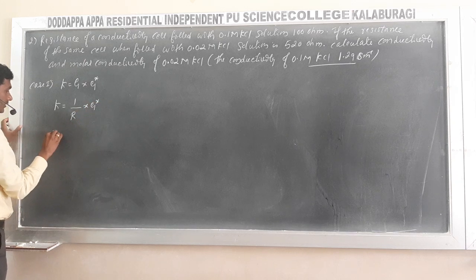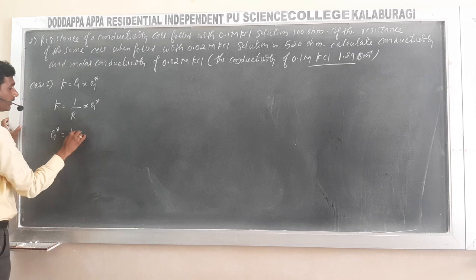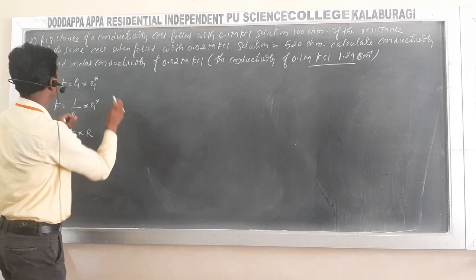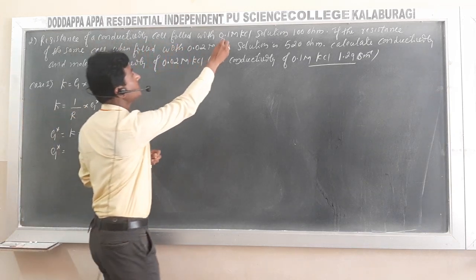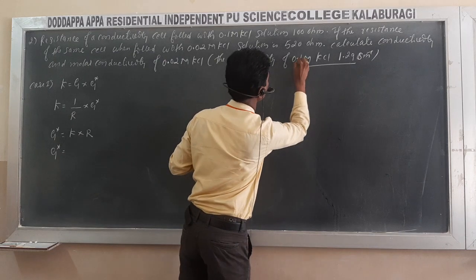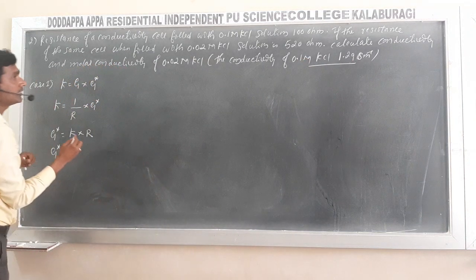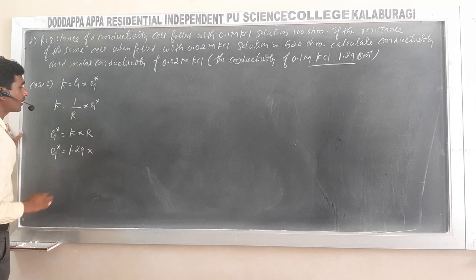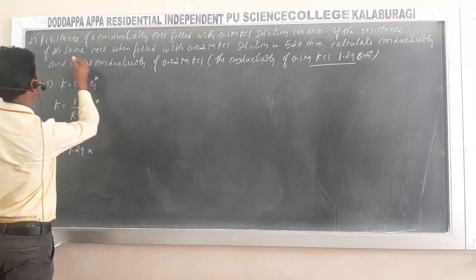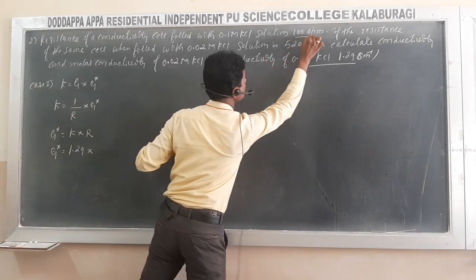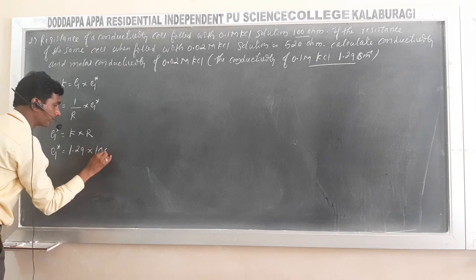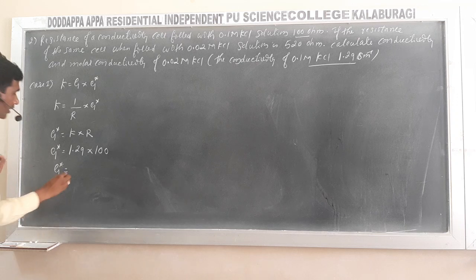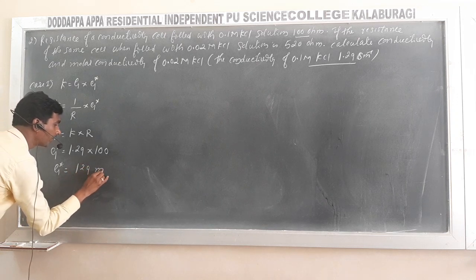So here G star is equal to conductivity into R. The cell constant G star is equal to the conductivity of 0.1 M KCl, which is 1.29 Siemens per meter, multiplied by R, the resistance, which is 100 ohm. So we get G star as 129 per meter.